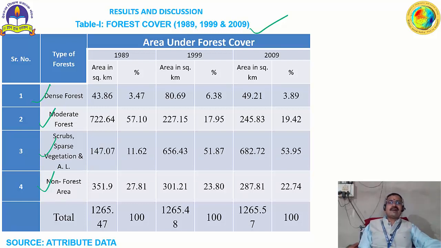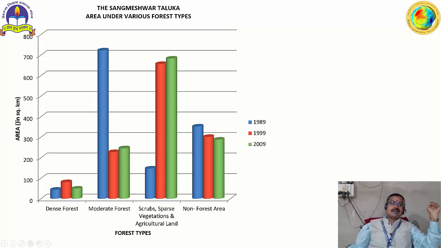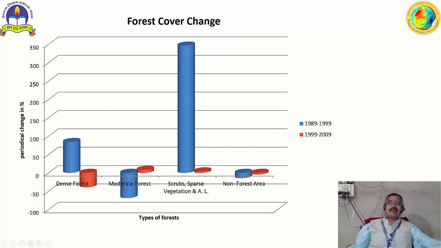And under non-forest area we considered agricultural land, settlements, etc. And we had calculated area, and also we had calculated how the area is changing from one type to another type. The same results were displayed with the help of graphs, and with the help of positive negative changes. Either the forest cover is changed negatively or positively, and that you can observe with the help of this graph.